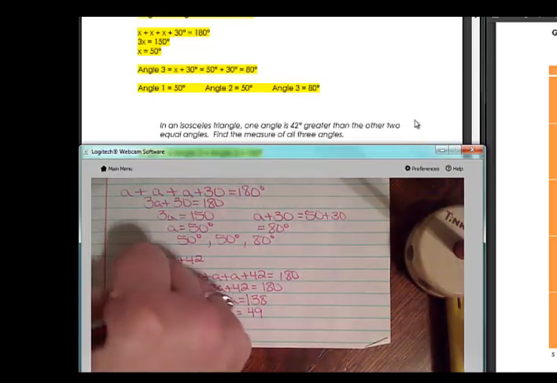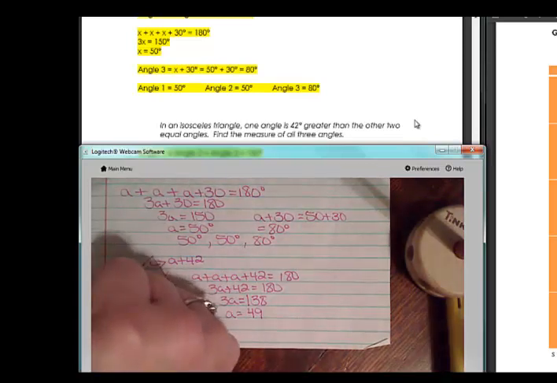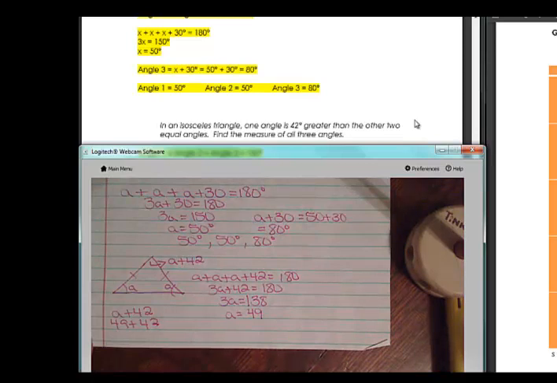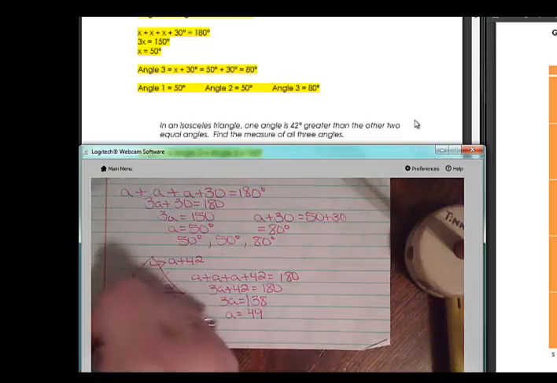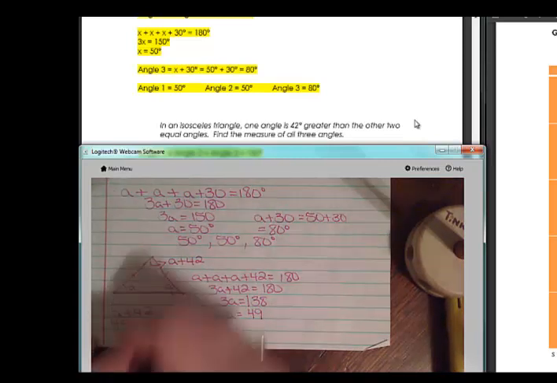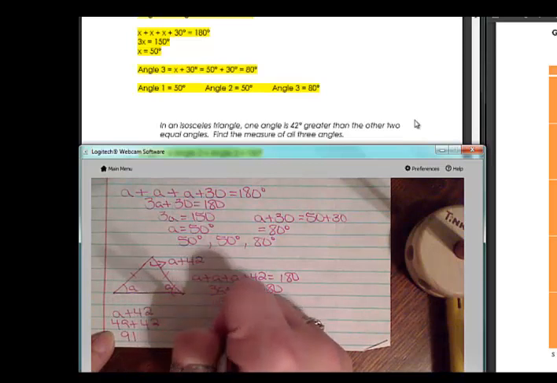So that would be 49 plus 42, and that would be 91. So you get 49, 49, and 91. Is that right?